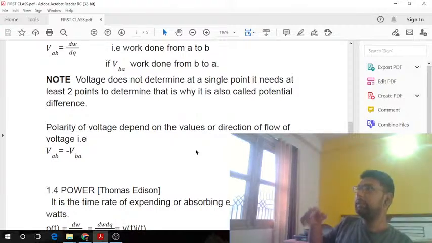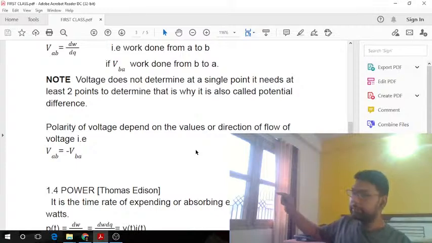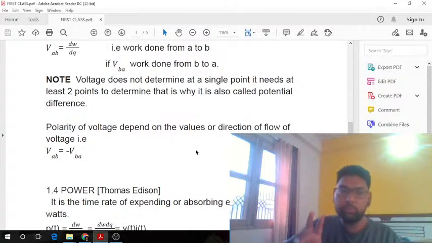Then the voltage is there. What we calculate is by taking the test charge particle as a reference. We calculate the various values of the voltage, that is from the test charge particle to charge 1, from the test charge particle to another point. We have to calculate the voltage like that.